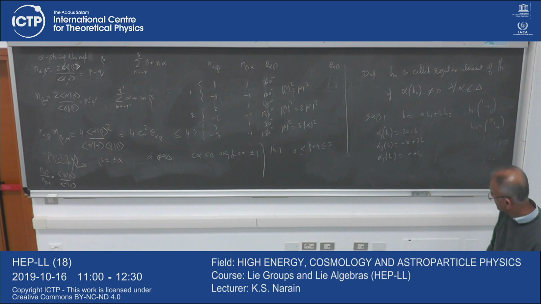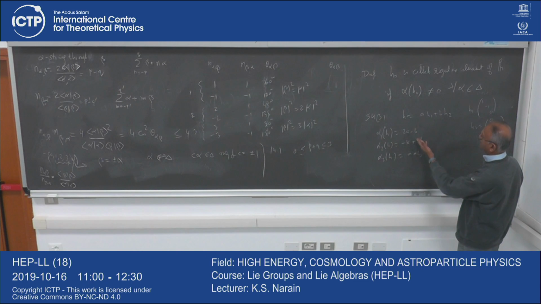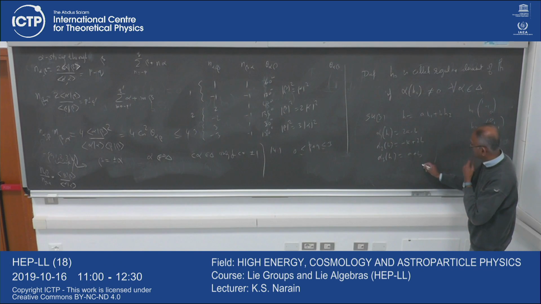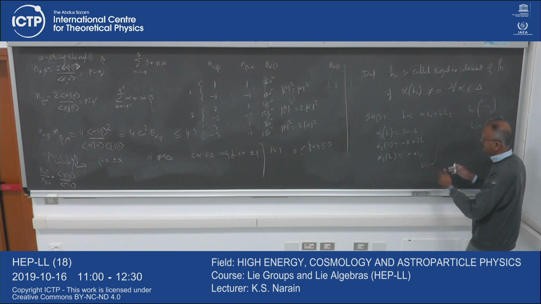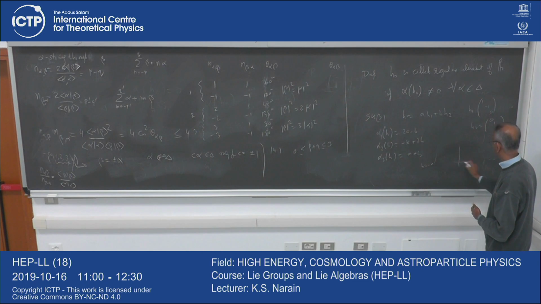But it should be a very special situation where any one of them is 0. For example, if I choose B equal to minus A, this would be 0. Or B equal to 2A, that will be 0. But generically, in this two-dimensional space of A and B, those are some very special lines.